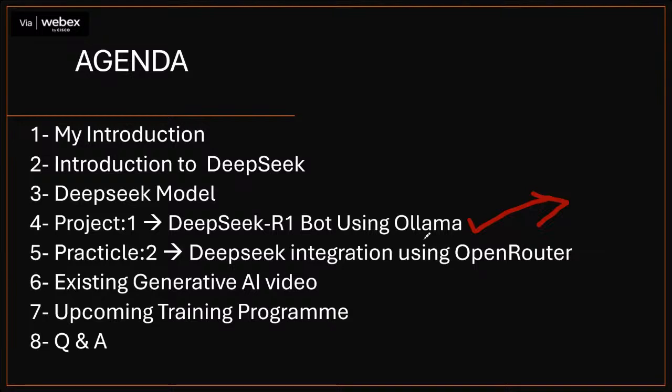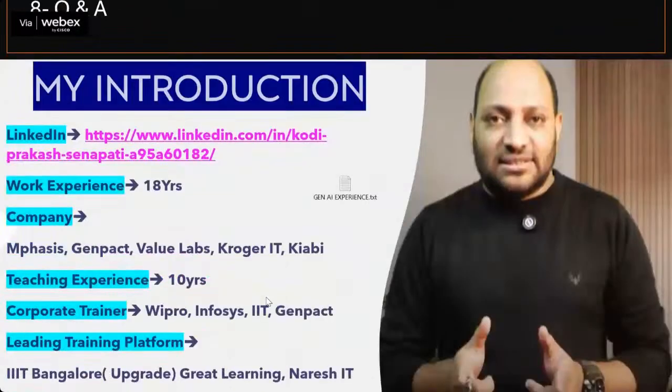The next one is the practical. I will introduce OpenRouter AI, where you learn how to generate a DeepSeek API key, and we build a model and create a bot using Google Colab as well. I'll also share my existing AI videos and update you on my upcoming training programs, and then we will discuss all questions and answers. Is that clear, team? I hope you can hear me properly and there are no issues from my side. Just comment if everything is fine, and then we continue, guys. All right, that's great.